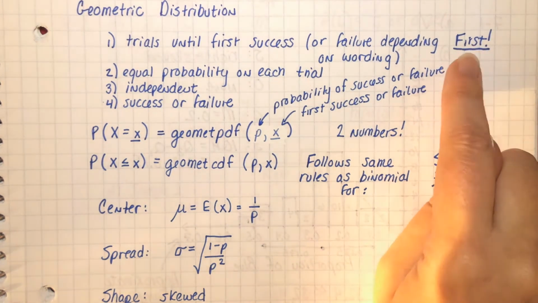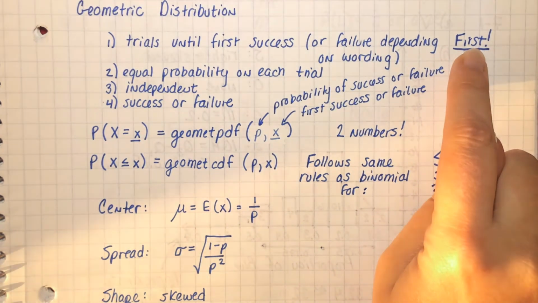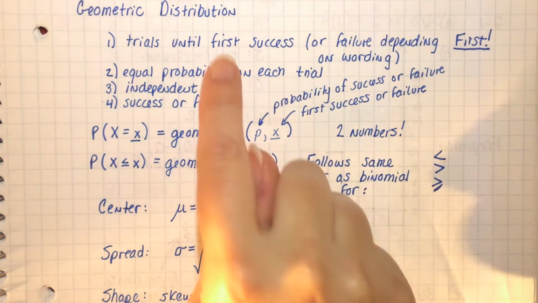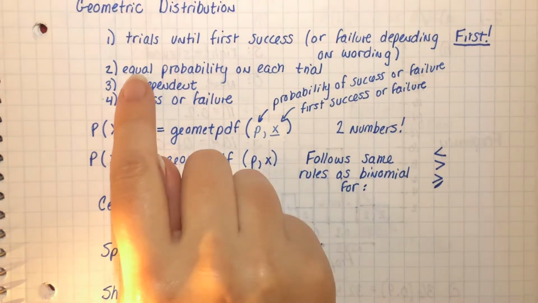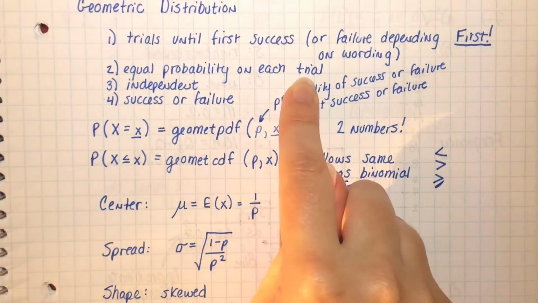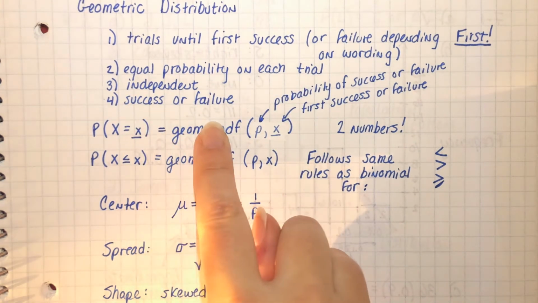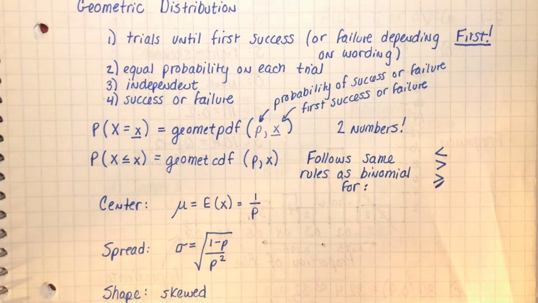And you can kind of tell a geometric problem because it'll have the word first in it a lot of times. So just hunt for that word, and then you can open to your geometric notes and follow those.